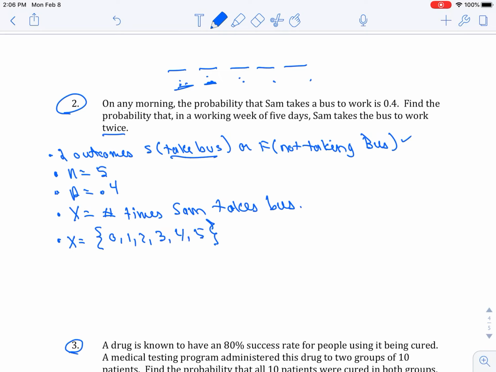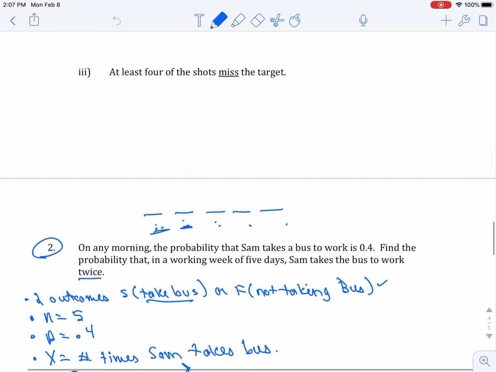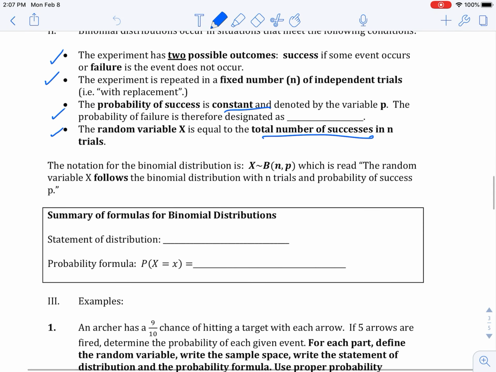You might also want to write the probability distribution. So x follows a binomial distribution with 5 trials and probability of success 0.4. And then you might also want to write the probability formula. So the probability that X equals x is going to be 5 choose x, as we saw from the previous page. We're looking at this formula back here.